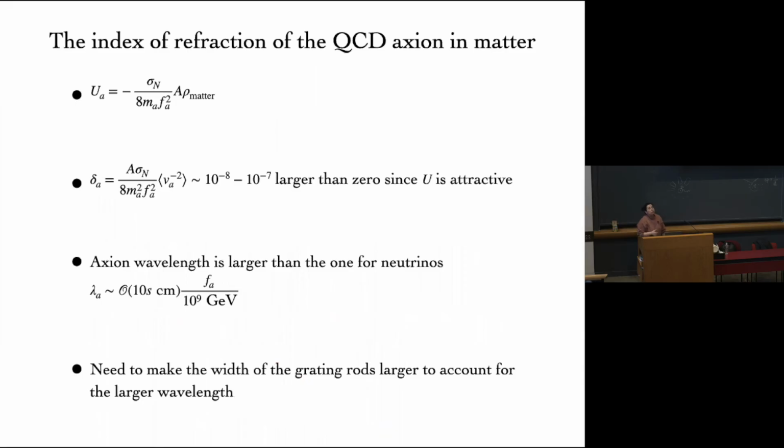So what do we do? Now that we know the interaction potential for the axion, we follow the procedure we follow for neutrinos. We have our interaction potential, we can calculate the index of refraction, and it looks like this. It goes like one over the velocity of the axion squared, and it's roughly, by numerical accident, of order 10 to the minus 8 as well.